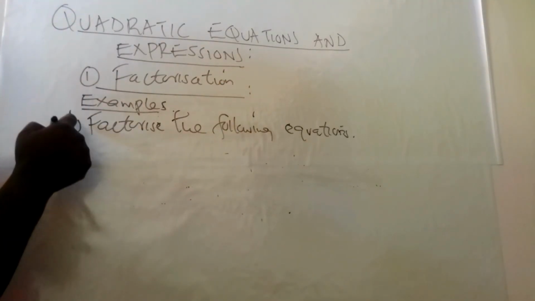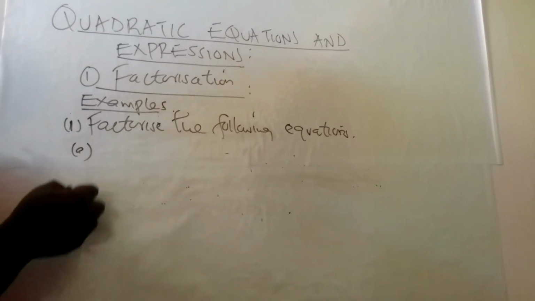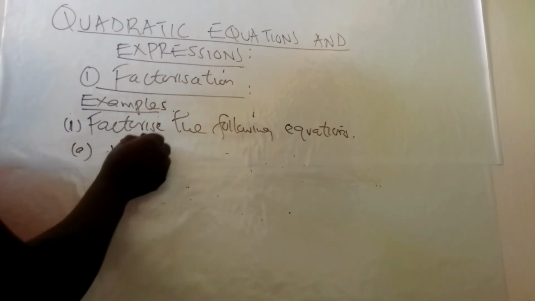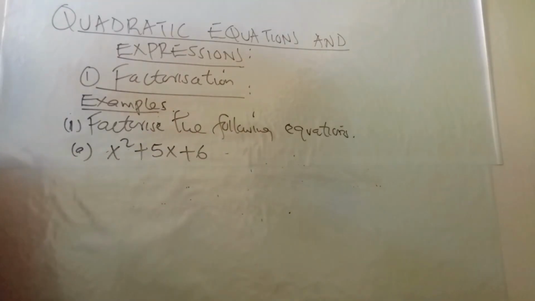The first one, we have x squared plus 5x plus 6.